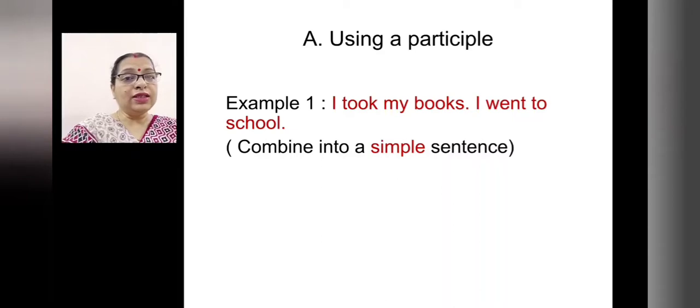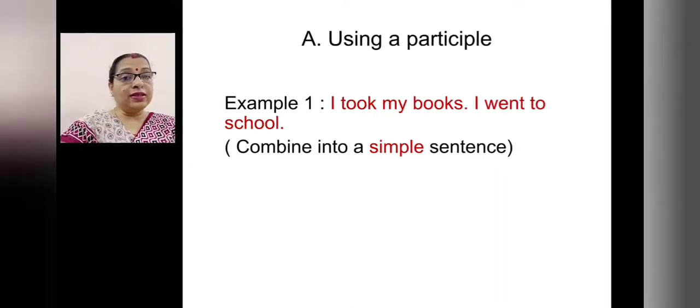Hence, retain without change the sentence in which the verb denotes the latter action. That is, I went to school. Right? In the other sentence, took must be changed into non-finite form, taking or having taken.